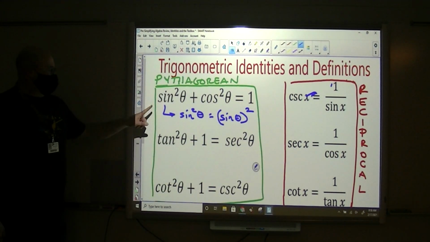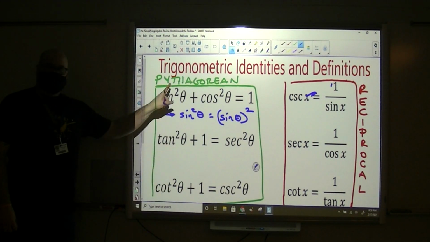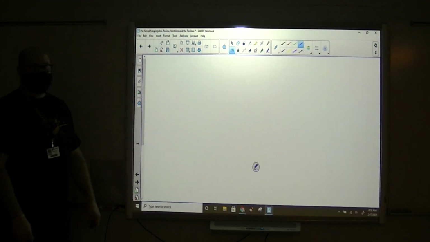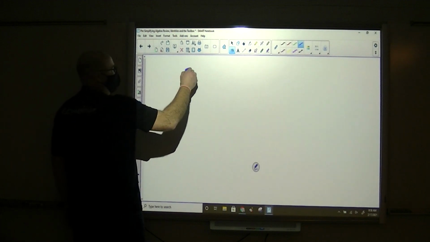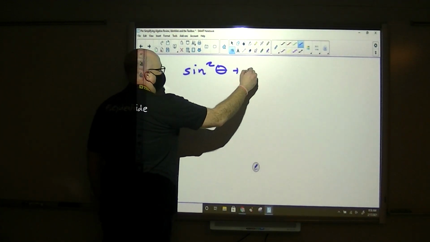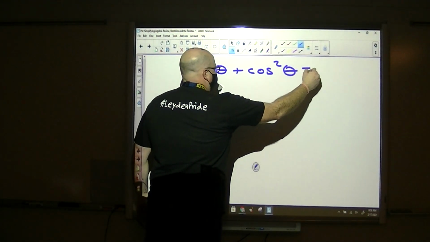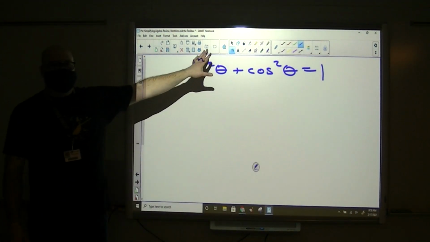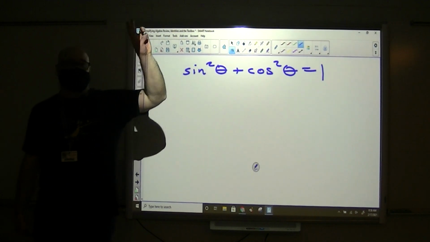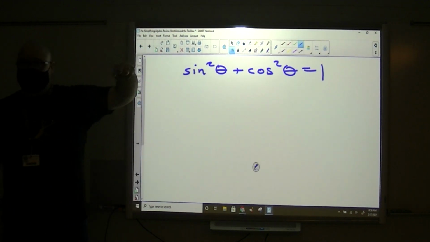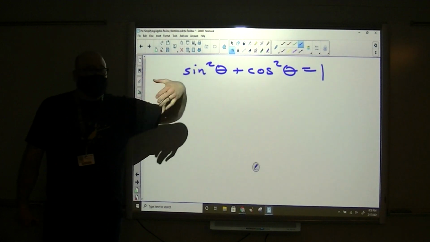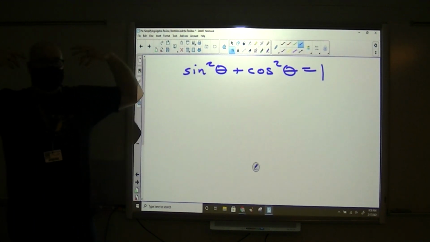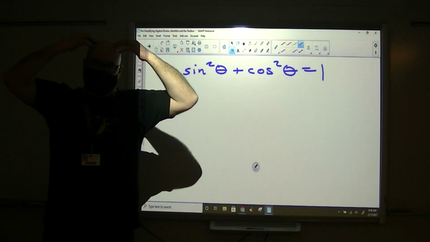The other thing I'll mention about these Pythagorean identities, and you may want to write this down, maybe not, it might be a bit much to start with: we have this as the basic Pythagorean identity. This should be like a squared plus b squared equals c squared, or y equals mx plus b, something ingrained in your memory.